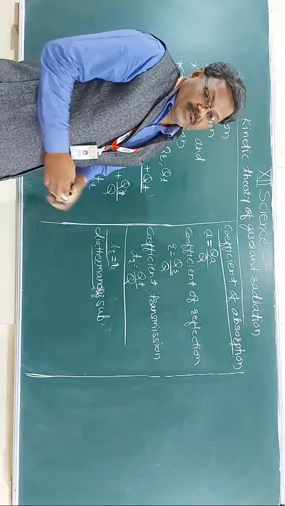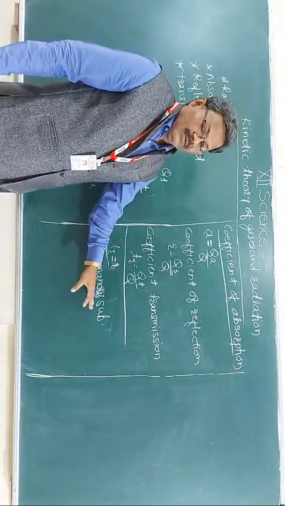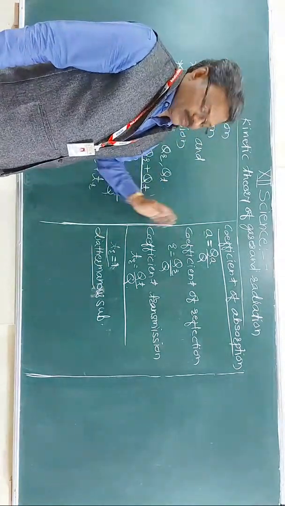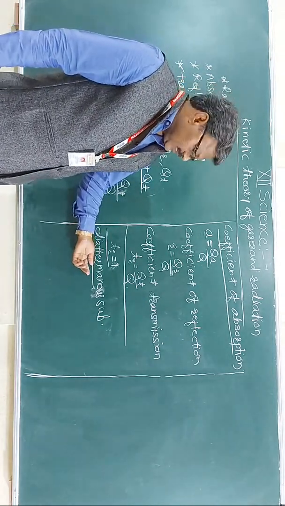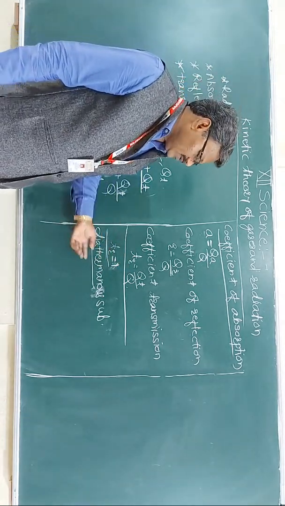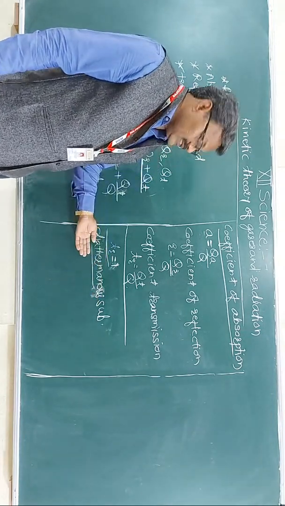Now diathermalous substances are the substances through which radiant energy or thermal energy can pass. When this energy can pass through these substances or objects, these objects are called diathermalous substances.